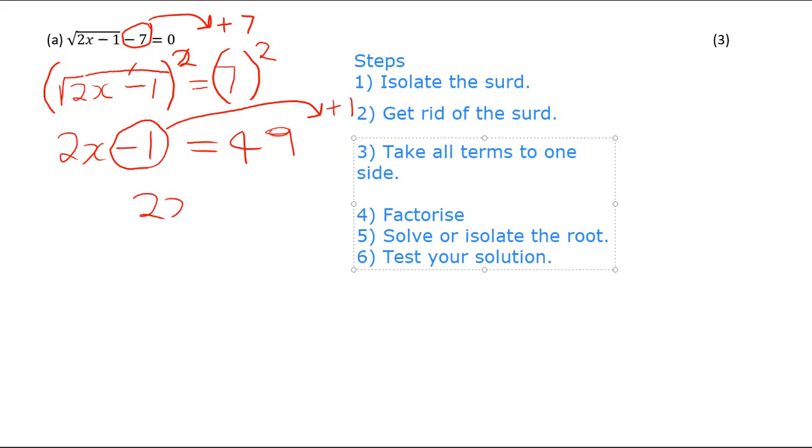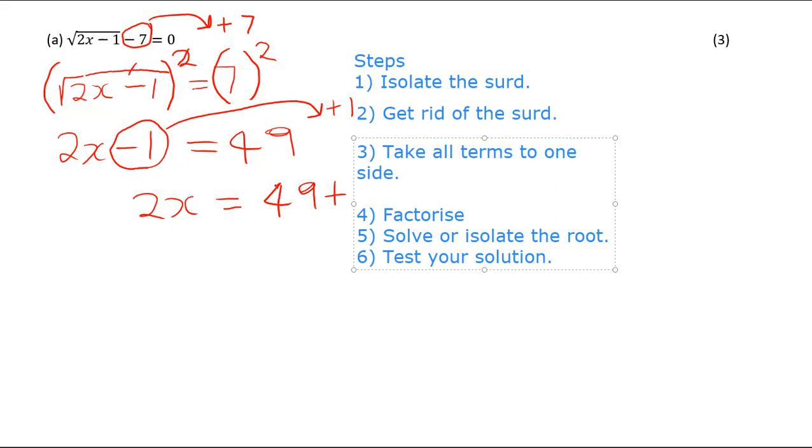And this will give me 49 plus 1, and 49 plus 1 will give me how much? 49 plus 1 would give me 50, right?